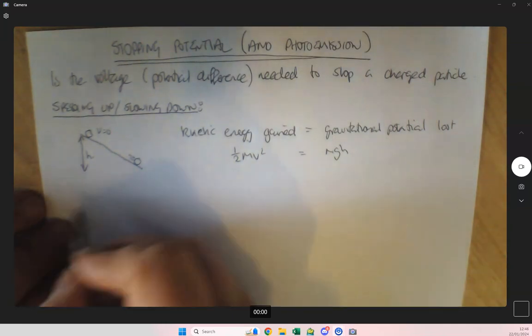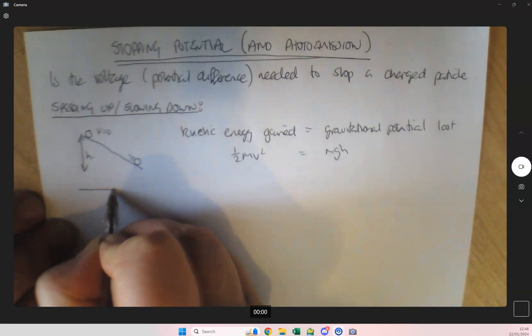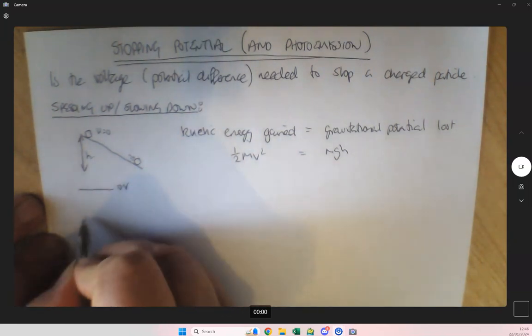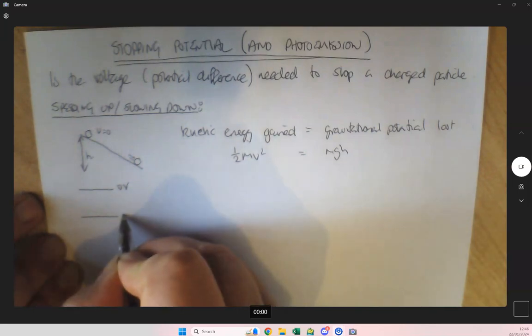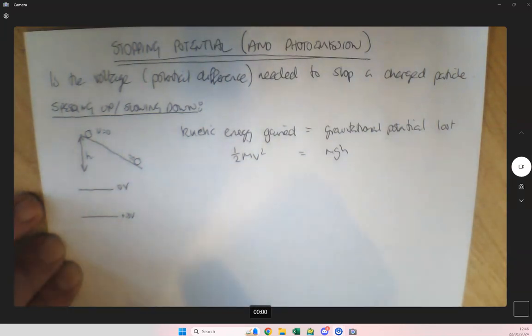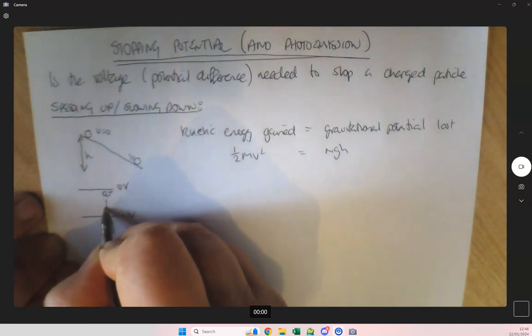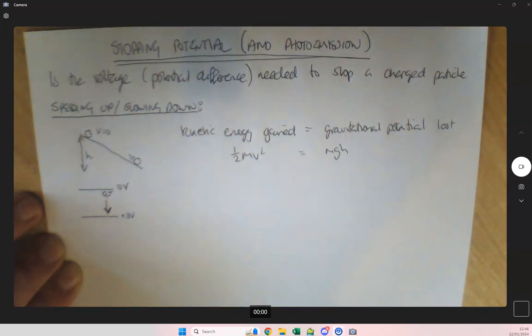So if you can imagine, I've got a plate at 0 volts, and that plate goes to another plate at plus 3 volts, and I'm going to have a little electron that is going to move between those two plates.